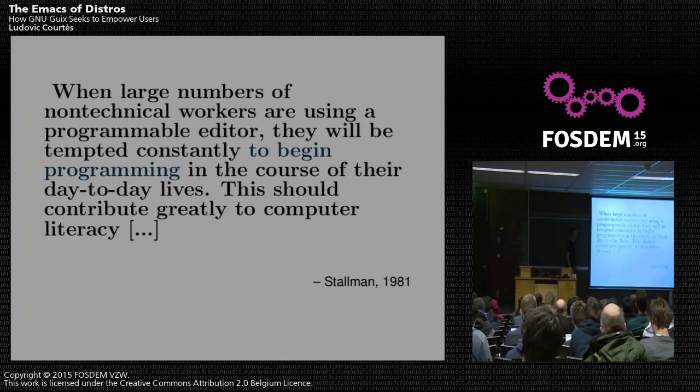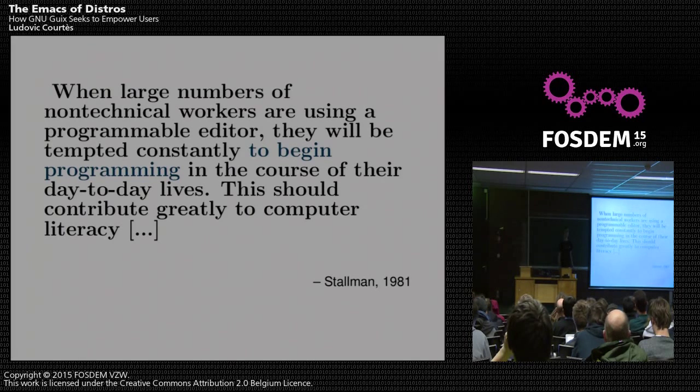So actually, if we look at early writings by Richard Stallman about the design of Emacs, he was saying basically that with a programmable editor, people would end up programming without really noticing. And so this helps improve computer literacy. That's a fashionable word these days, but this is a writing from 1981, right?